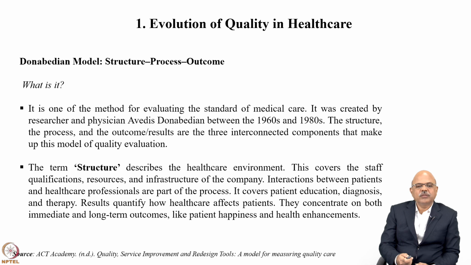The structure covers the staff's qualification, resources and infrastructure of the entire healthcare organization. You can call it a healthcare company or a hospital, whatever it may be. The interactions between patients and the healthcare professional or hospital employee are part of the process. So it covers patient education, diagnosis and therapy.